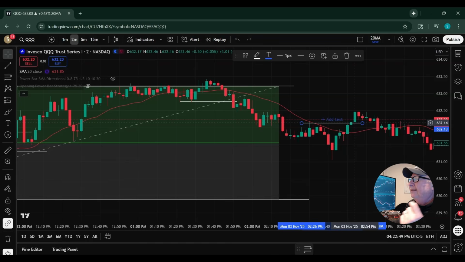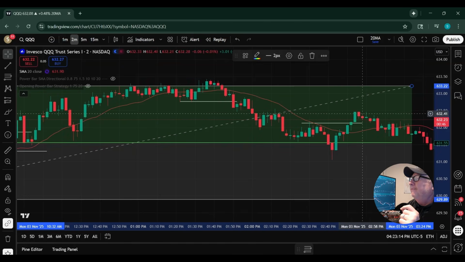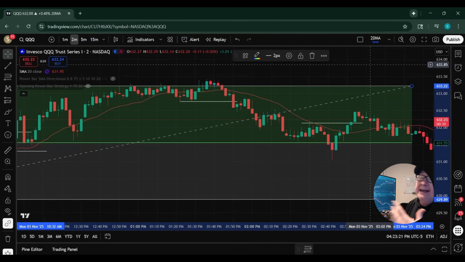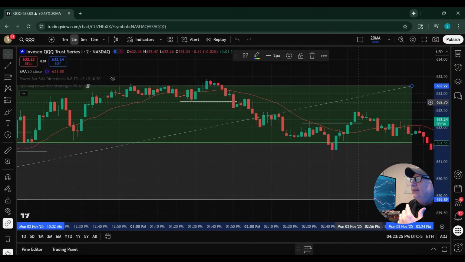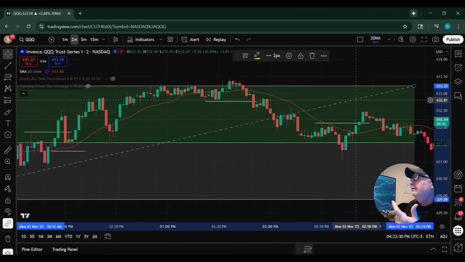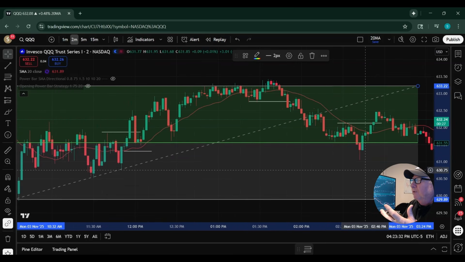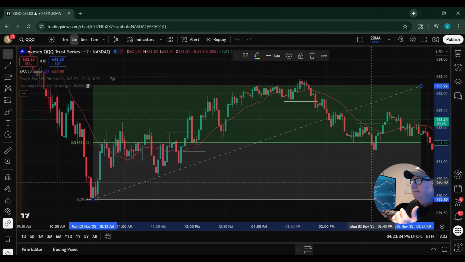But this is a trade I would not take if I'm trying to avoid chop, because look at where it's taking place, right? It's taking place in the upper part of my 50% range. So the only trades I'm going to take at this point, until we break out of this range either above it or below it, the only trades I'm taking in the upper half are short trades off the 20, and then the only trades to take in the lower half are long trades off the 20.